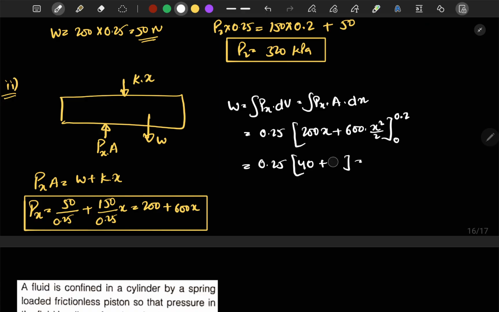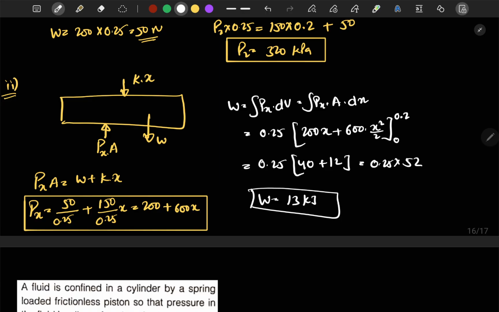It shouldn't be 60, it would be 0.2 square. So let me do it first: 0.2 square into 300, and it will be 12. Okay, so that was the mistake. It is equal to 0.25 into 52 plus 40 into 0.25. The answer is work done is equal to 13 kilojoule.